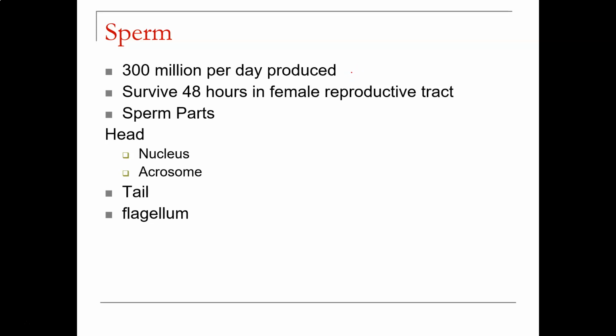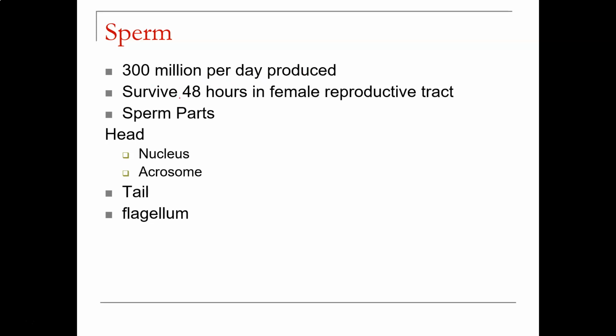It does tend to decline with age, but unlike females, where there's a point where the ovaries stop producing eggs, menopause, the same is not true in males. So, between puberty and as long as the male is healthy, about 300 million per day are produced in a kind of youngish middle-aged male, and then it will decline.